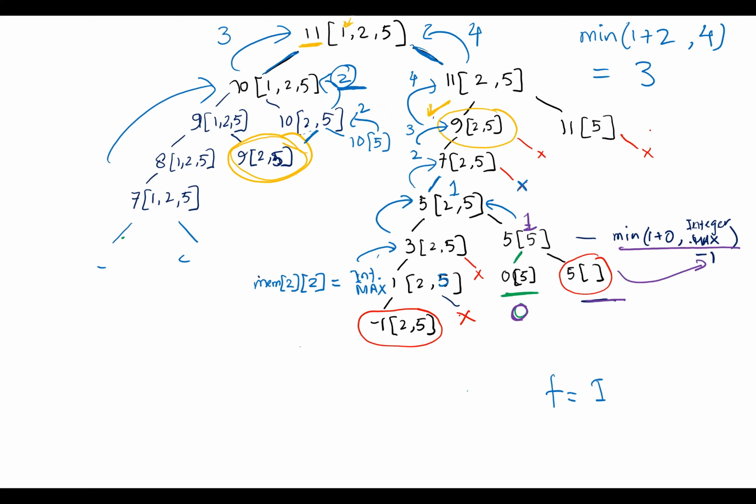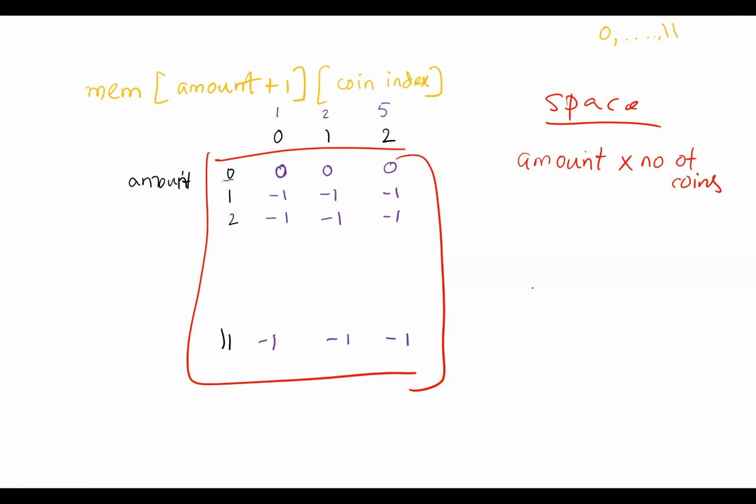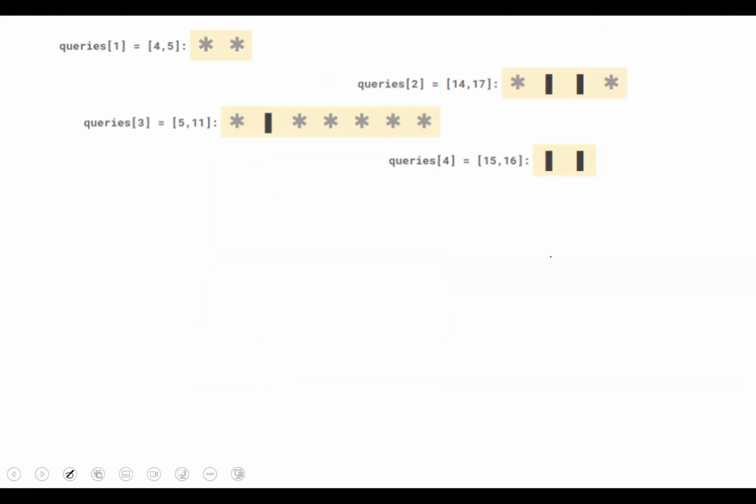As you can see, how many states do we have? These are different states, right? Every state has an amount and also a starting index. So amount times the starting index, that means the number of coins. That many states we have, and for every state we are calculating just once.